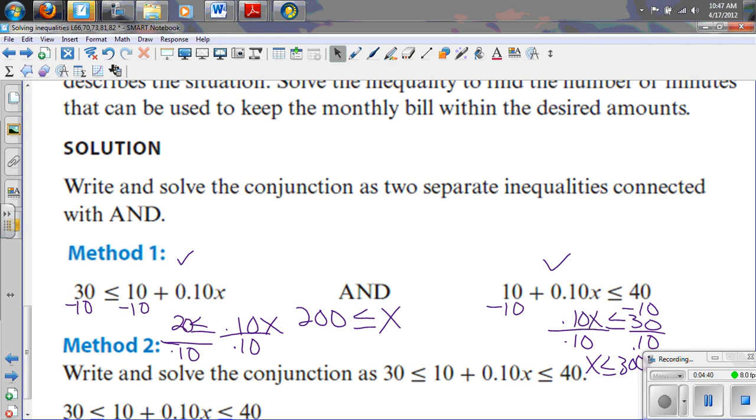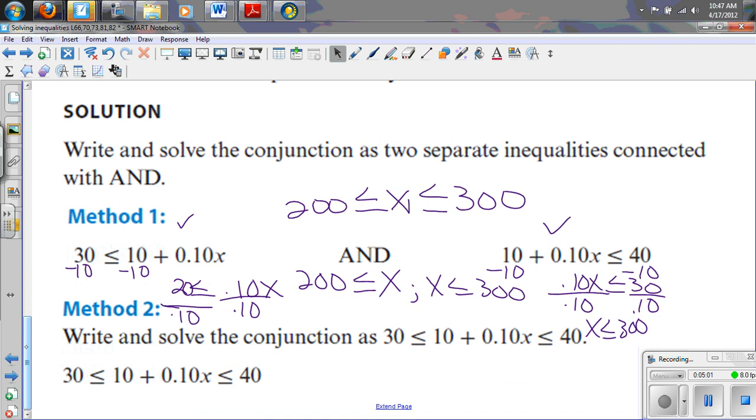And so we have these two inequalities now where we have 200 is less than or equal to x, and x is less than or equal to 300. And so really what we have is 200 is less than or equal to x, which is less than or equal to 300. We can combine that into one statement.